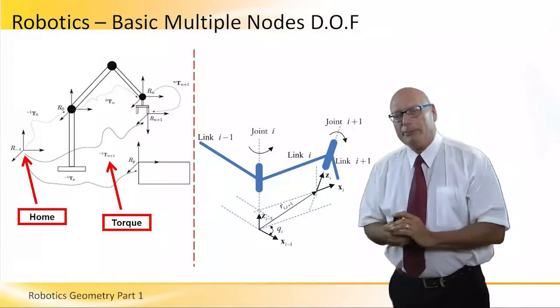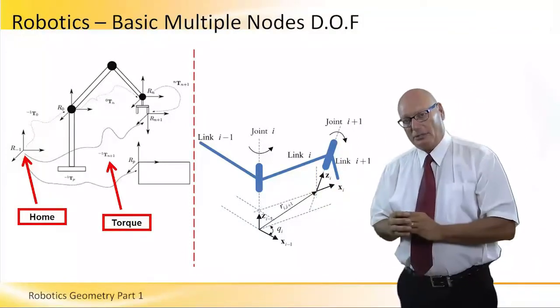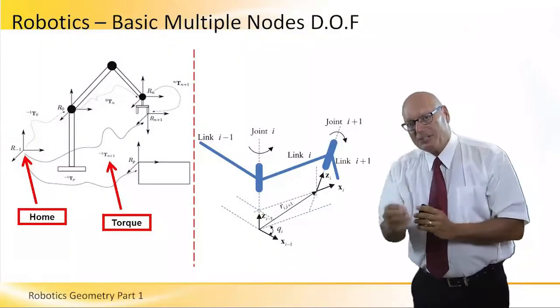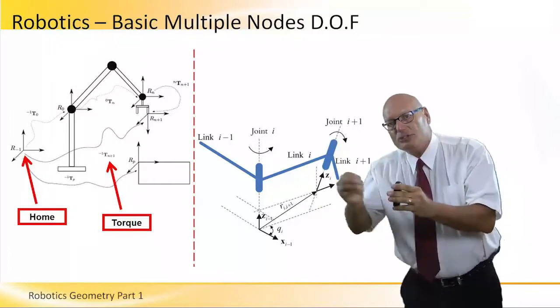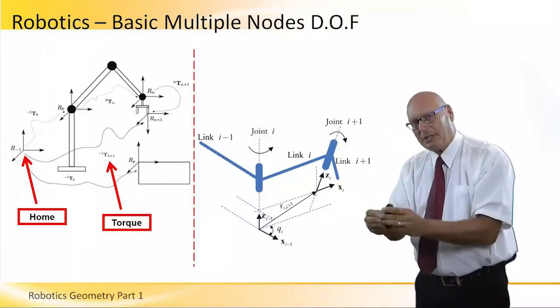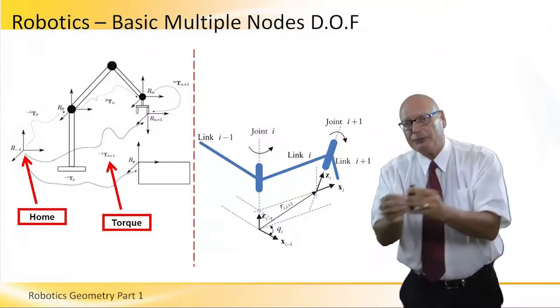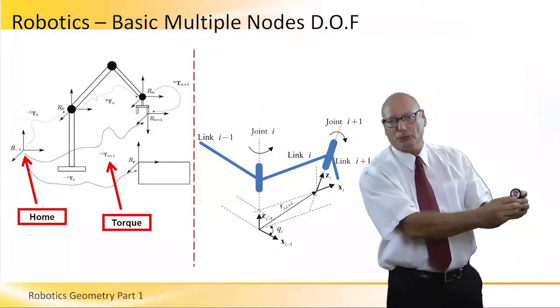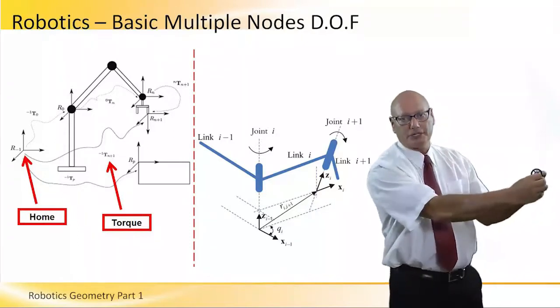calls link I-1. In every set of joints, we have to determine which is the reference joint, where we actually start counting the joints. So we select a joint, call it a reference joint. Everything closer to the base of the robot is link -1, link -2, link -3.